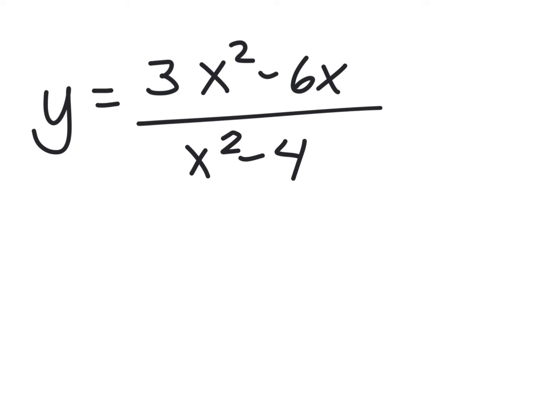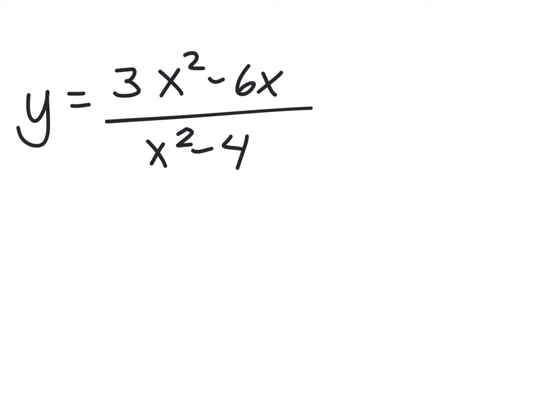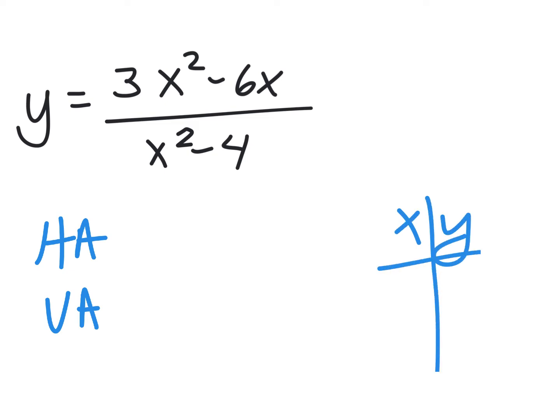First off, I'd like you to figure out for me, are there any horizontal asymptotes? Are there any vertical asymptotes? And I'd like you to just show me that you can get me 1 point on an XY chart. Just put 1 into the function and see what you get.